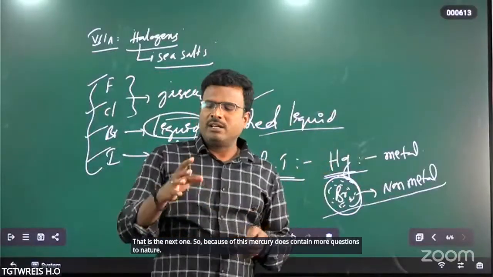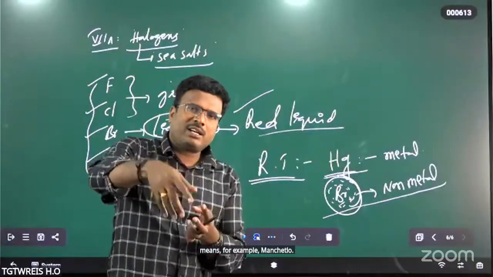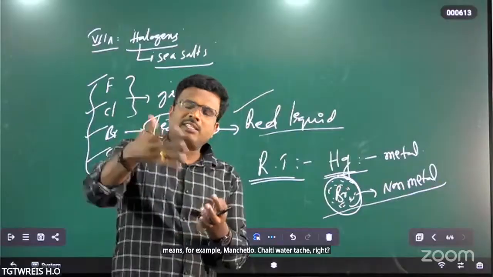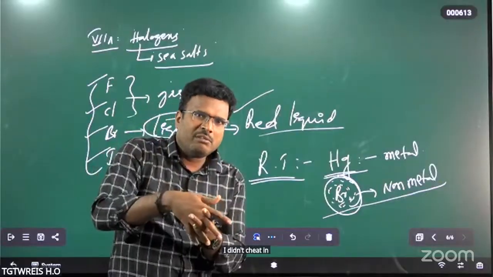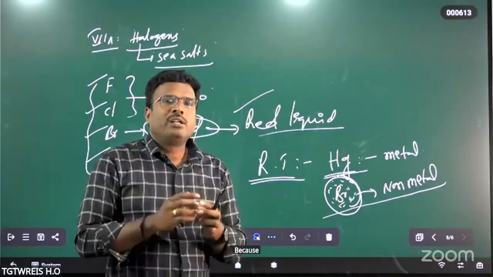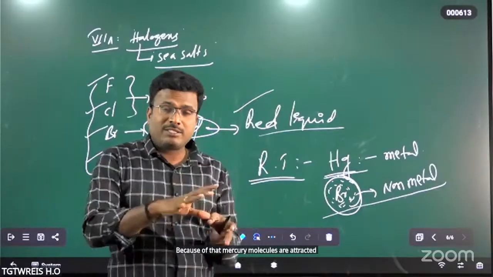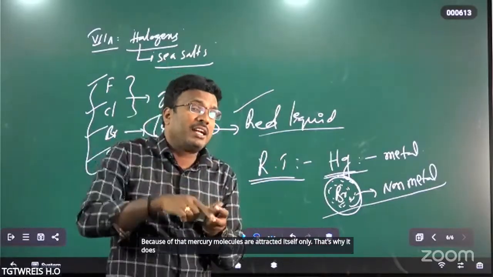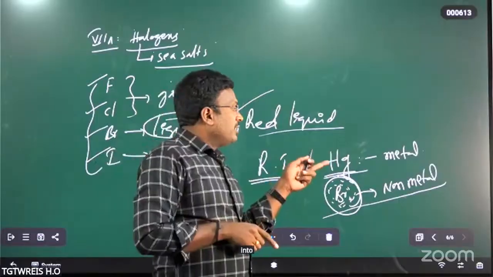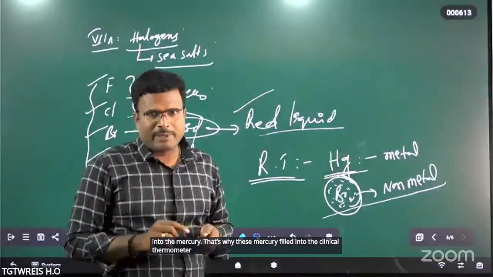Cohesive nature means, for example, if we dip a hand in water, the water touches the hand. But if you dip the hand in mercury, it does not touch the surface because mercury molecules are attracted only to themselves. That's why mercury is filled into the clinical thermometer and barometer.